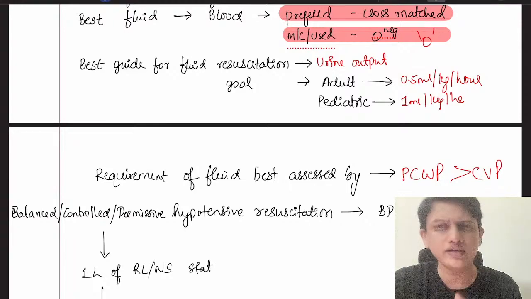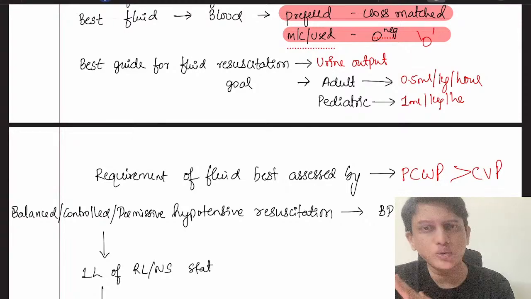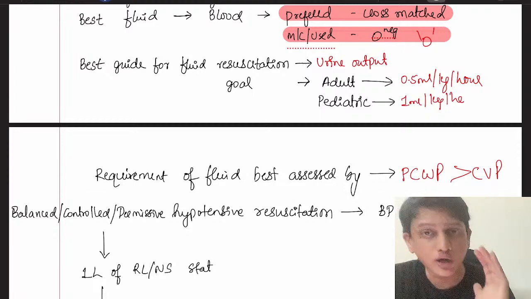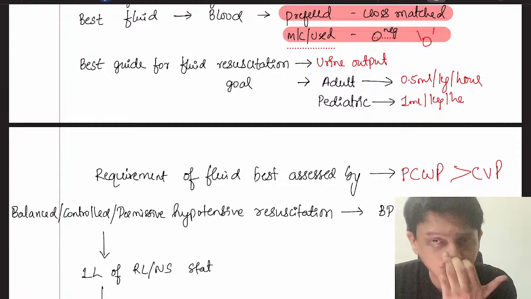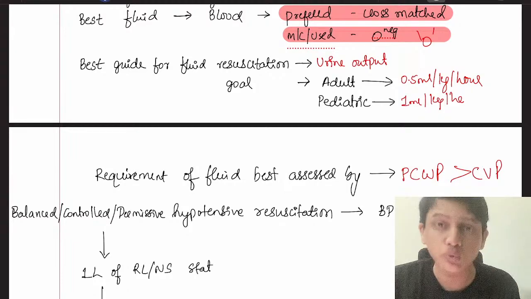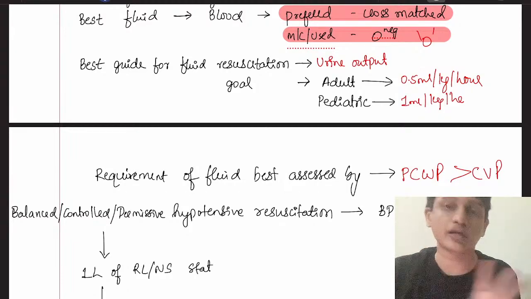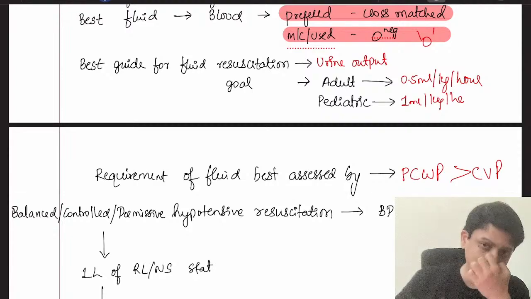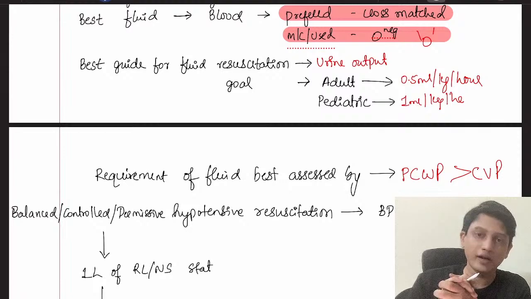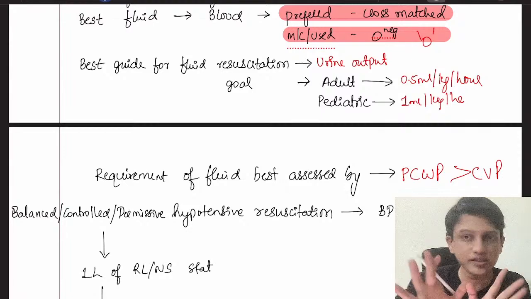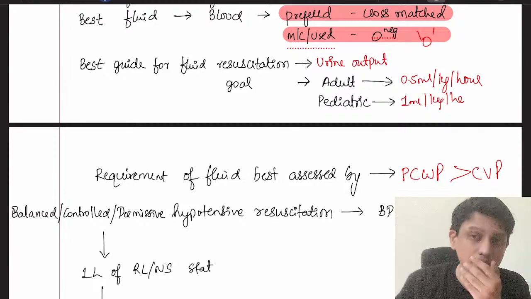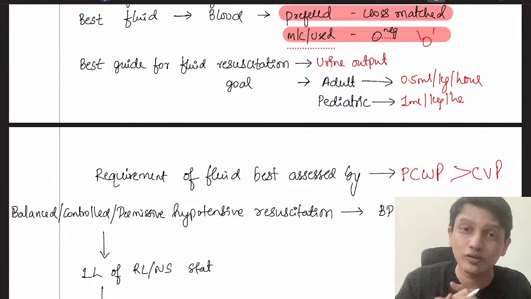By giving these fluids, blood, whatever it is, we don't aim to achieve the normal blood pressure of 120. We want to achieve a blood pressure which is enough to maintain body circulation or blood flow into the vital organs. Let's say maybe 90 mm of Hg is enough. So we want to maintain only that much. If the pressure is higher than that, what happens? If the pressure is high, bleeding also is more.